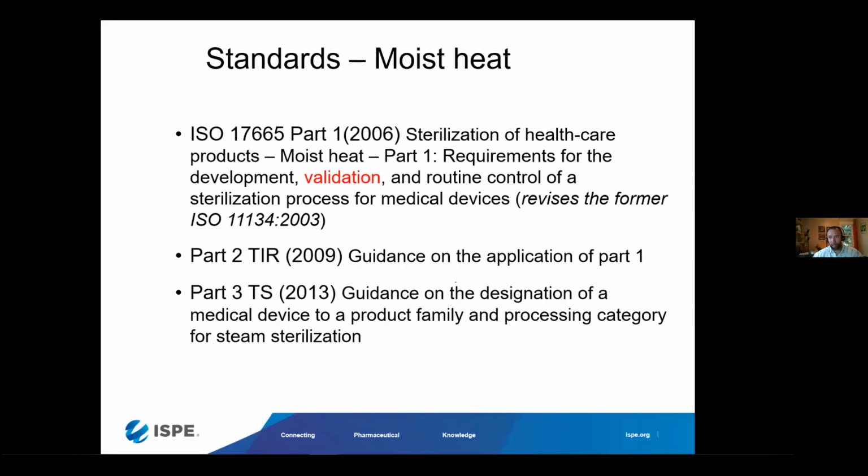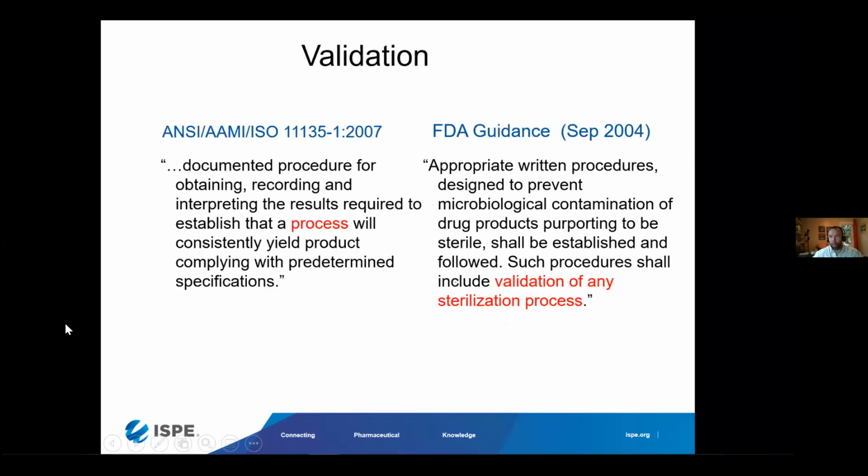I already mentioned 17665 talks about international requirements for steam sterilization. The ANSI AAMI ISO 11135 talks about validation criteria, the requirement to confirm using BIs and thermocouples that your process results in a sterile product.